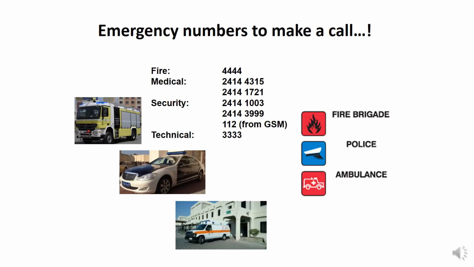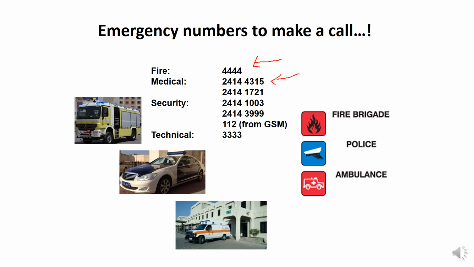This is the last slide, providing the emergency numbers of SQU. For example, here are the fire numbers. If there is any chance of fire and you cannot find a technician or the supervisor, then you can ring these numbers.